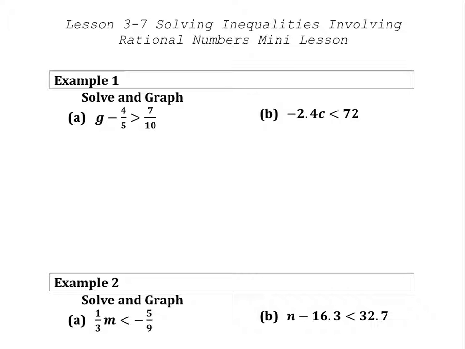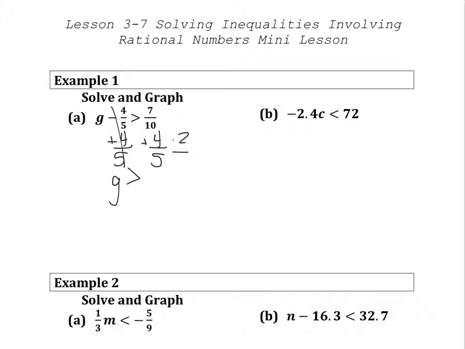So for the first one, we want to do the opposite of subtracting 4/5, so we're going to add 4/5 to both sides. Now the interesting part about this inequality is that 7/10 and 4/5 don't have the same denominator. So we have to find a common denominator, which 5 goes into 10, so it makes it very easy.